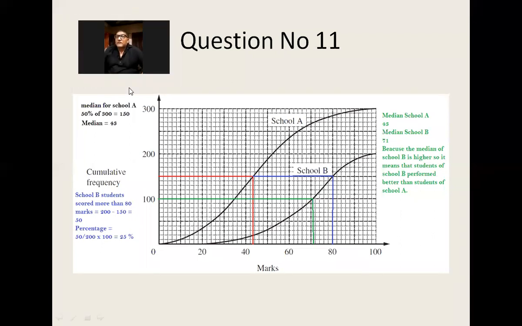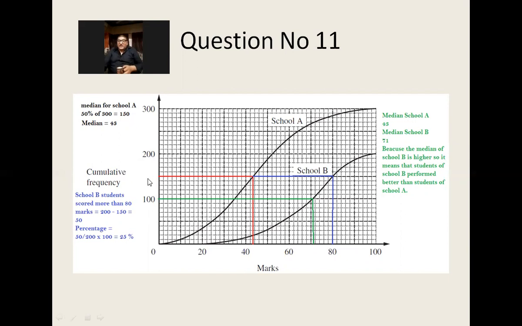Okay, so the first question is, what is the median for the school A? The cumulative frequency of the school A is 300. So if you want to find out the median, you will take 50% of this frequency. So 50% of 300 will be 150.